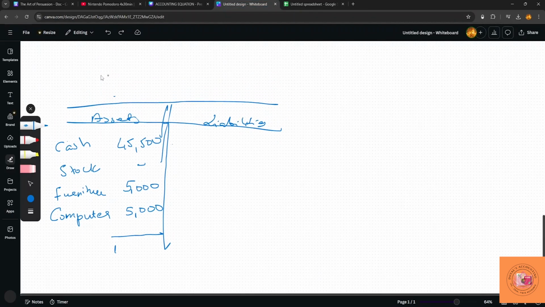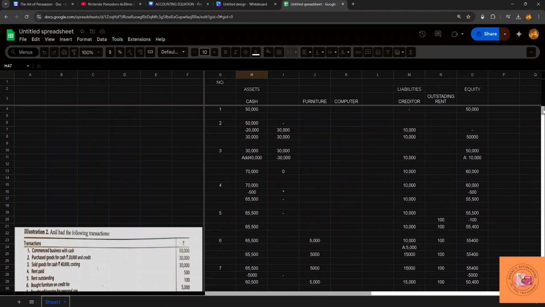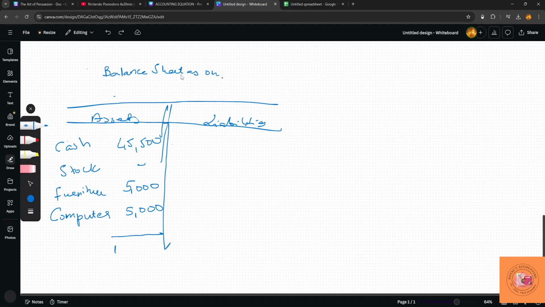For a balance sheet, you have to follow pro formas because it's very easy marks. I think they haven't mentioned any date, so no need to write anything here. As on so and so date in the books of Anil.